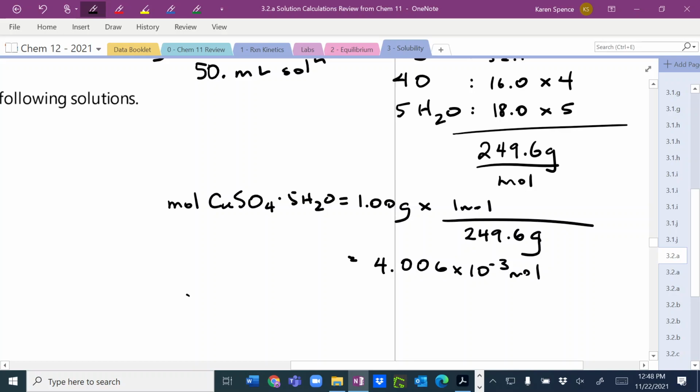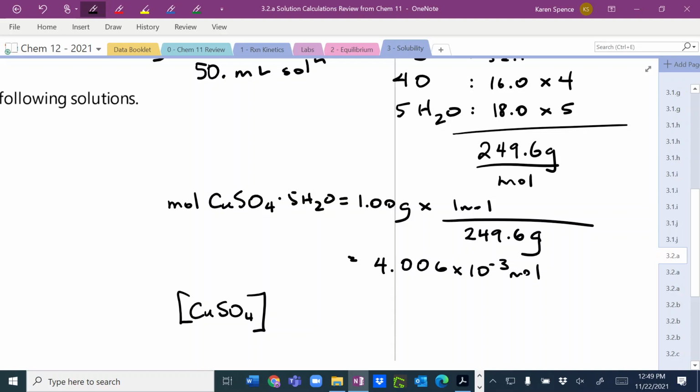Now we want our concentration of copper sulfate. The water has nothing to do with it. So if you imagine that we have our crystal, and inside the crystal we have some water molecules. As the crystal dissolves, each one of these will come off.